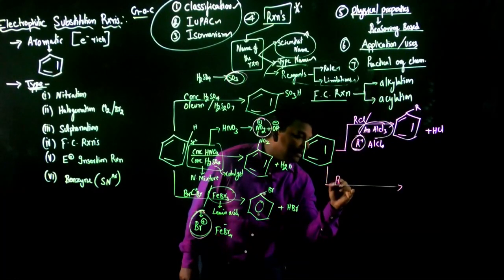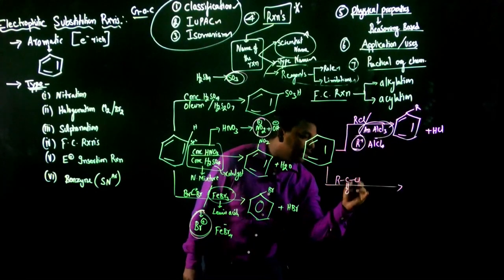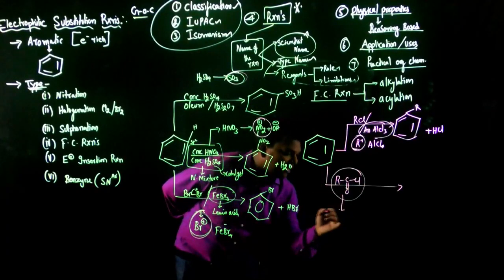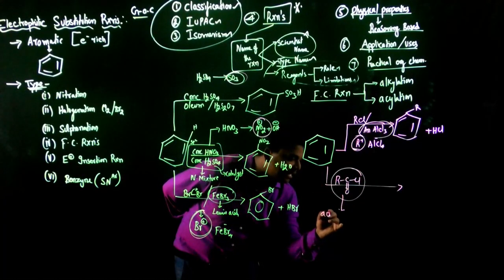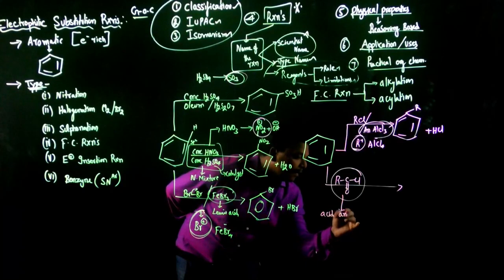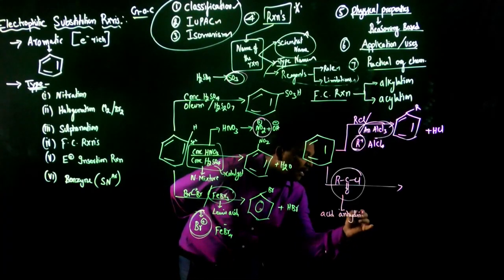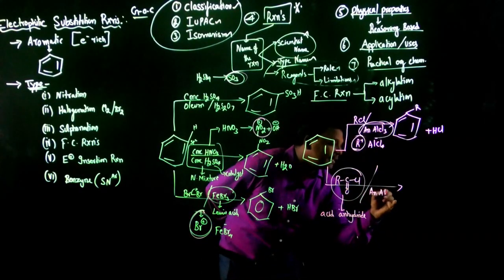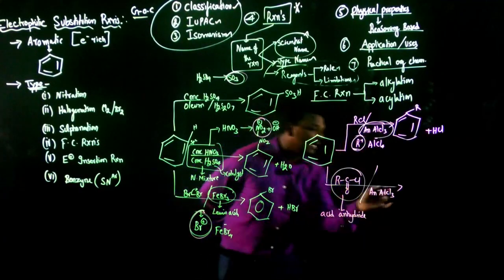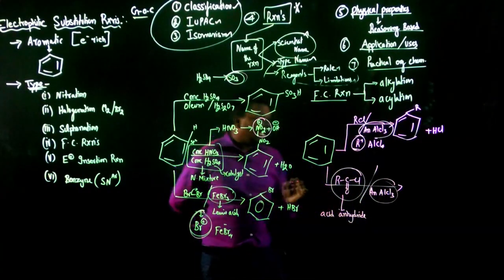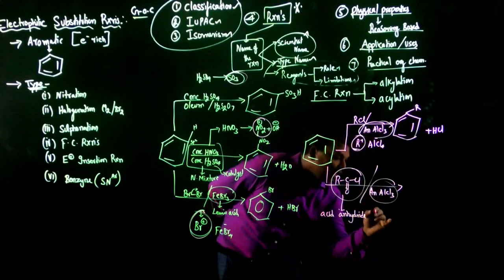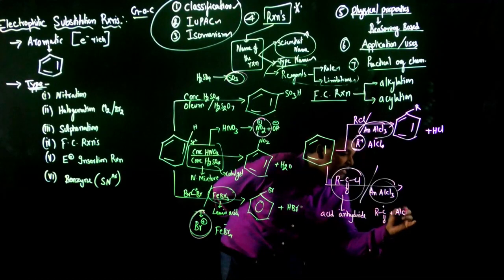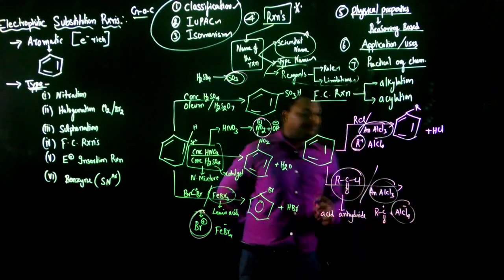Here I'll take example acyl chloride. It is not mandatory that I have to take only acyl chloride. I can take even anhydrides, acid derivatives, acid anhydride. On treatment with anhydrous AlCl3, again this is a Lewis acid here, and it will take your anion and you will get RC double bond O plus plus AlCl4 minus.